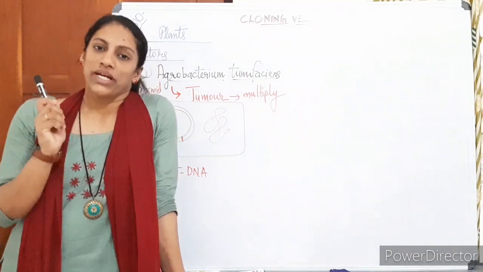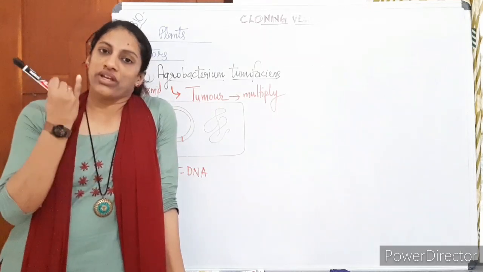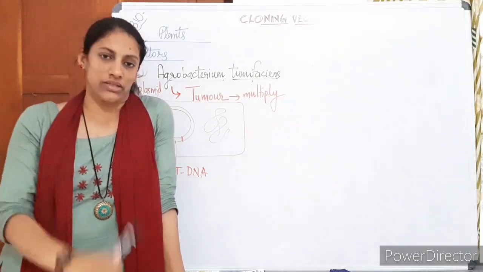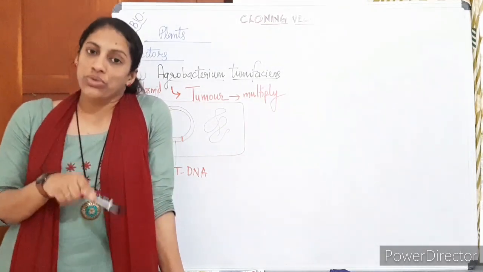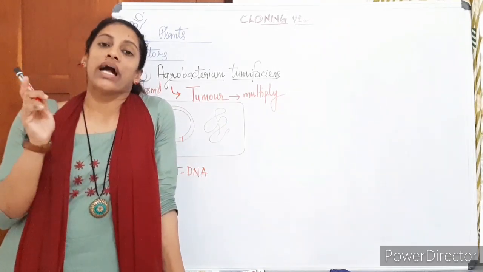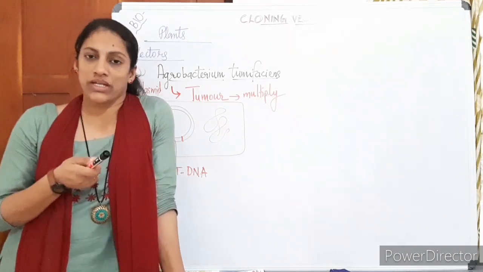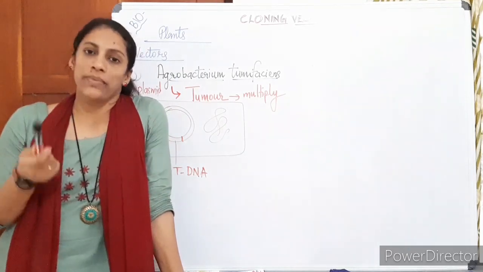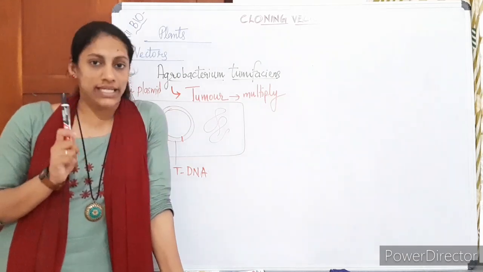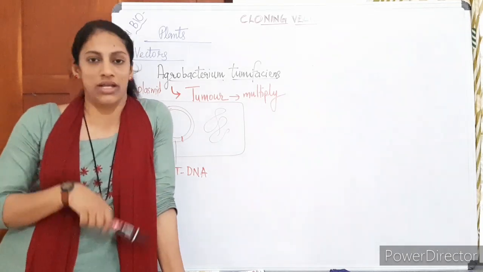So in order to multiply a gene in bacteria, we can use bacteriophages, plasmids and BAC as the vectors. Whereas in order to multiply a gene in plants, we can use Agrobacterium tumefaciens, a bacterium with its TI plasmid as the vector. Otherwise the TI plasmid as such, as the vector. And it contains a special DNA, tDNA, which is helping in the rapid multiplication to produce tumorous growth in plants.